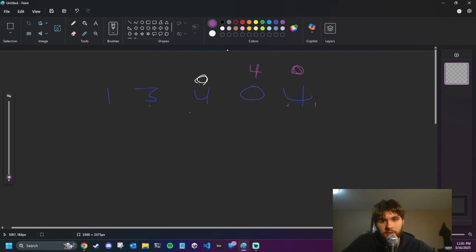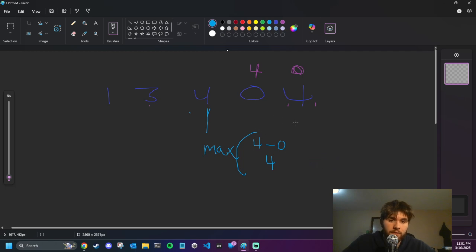Here the profit is either, so it's the max of 4 minus 0, this one, or just 4. So that obviously is 4.